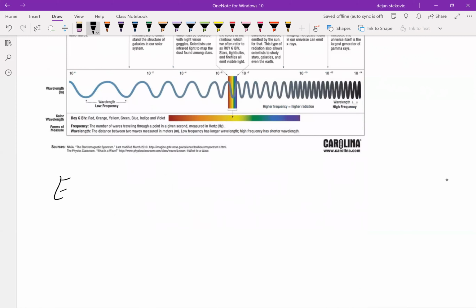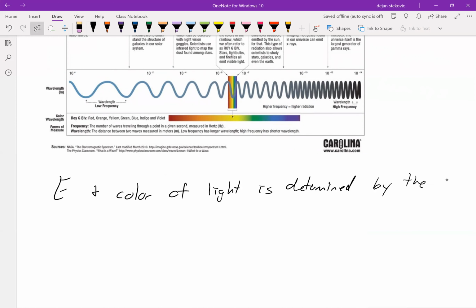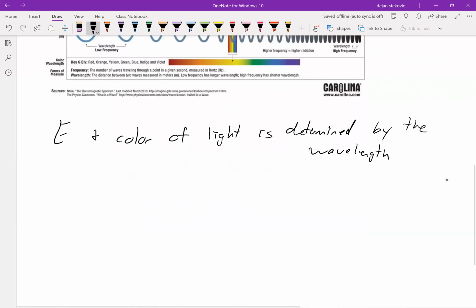The energy and color of light is determined by the wavelength, and we'll get to that in a second. So in terms of visible light, think back to art class, we've got Roy G. Biv.